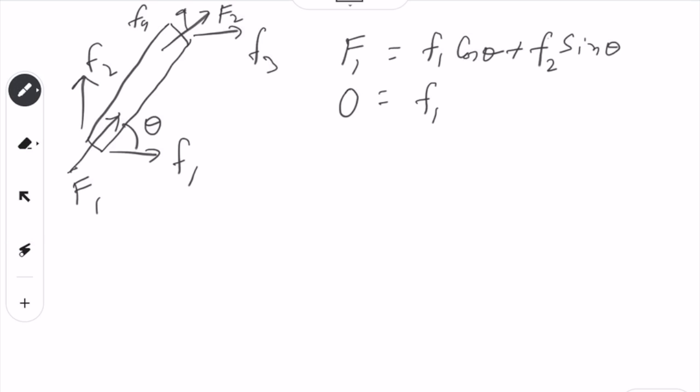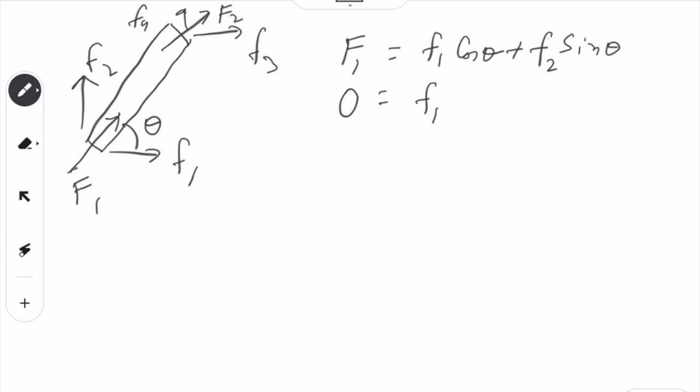Hence we have F1 and then theta plus 90 degrees from here, right? So perpendicular to the axis we are talking about.